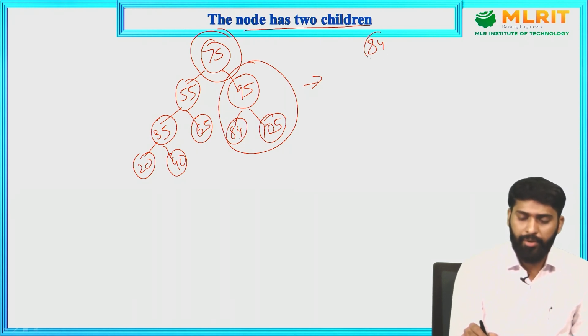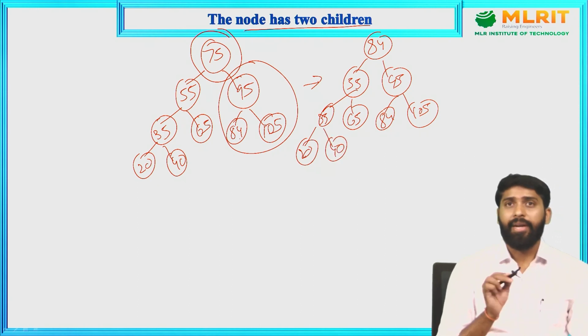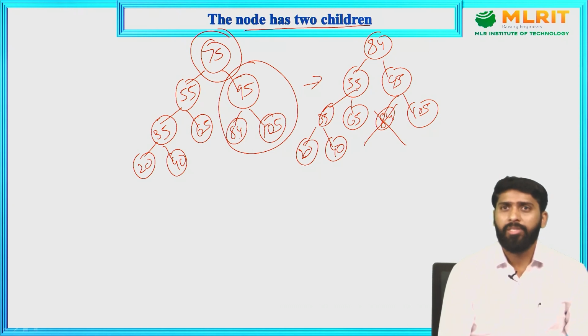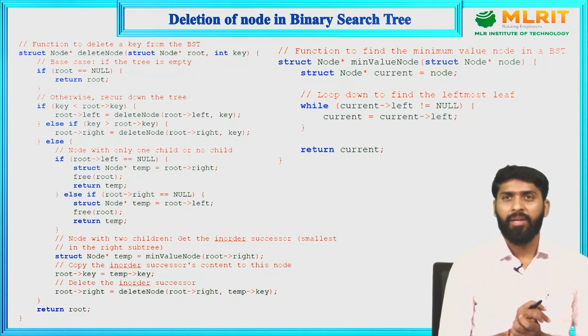Now 84, 55, 95, 35, 65, 84, 104, 20, 40. In the next step we remove this successor from the binary search tree. So let us see the code to delete a node in a binary search tree.